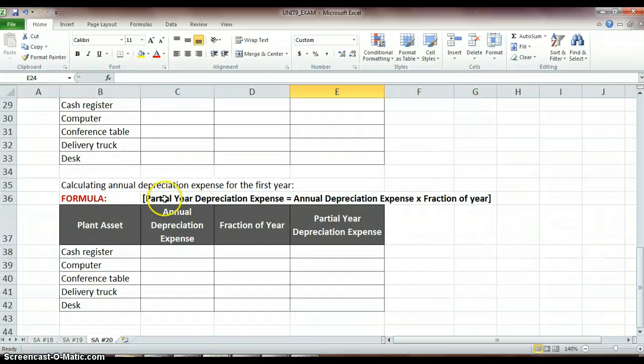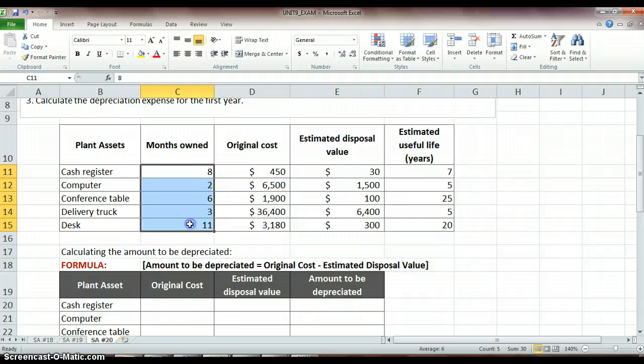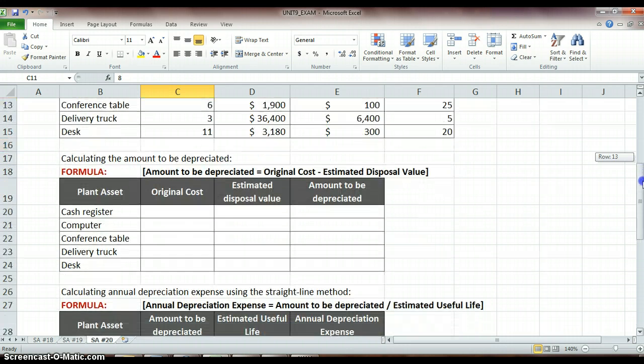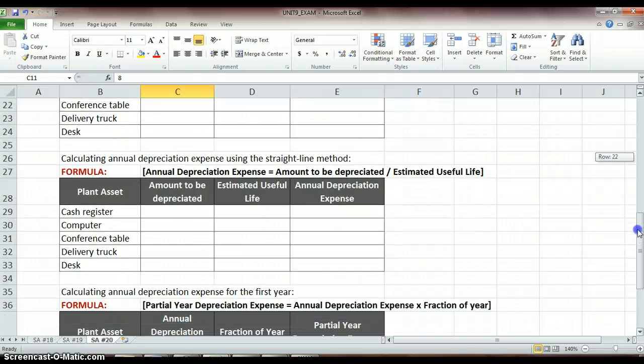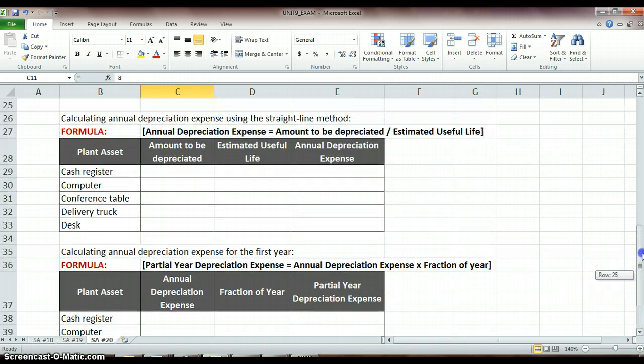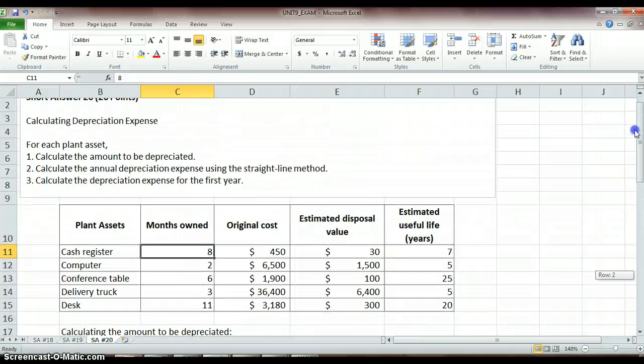And in this last table, we are calculating annual depreciation expense for the first year. As you can see by the months owned, you're just calculating how much is depreciated so far that first year, so you will be using this equation here. I have all of those equations laid out for you, so that should be pretty self-explanatory after that.